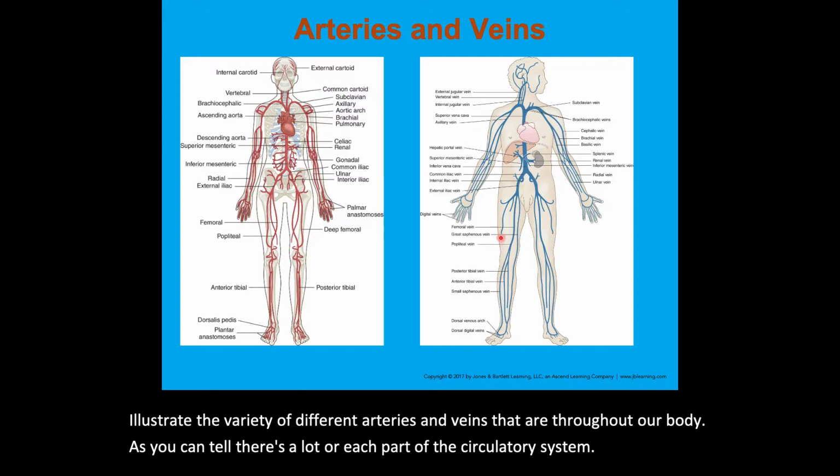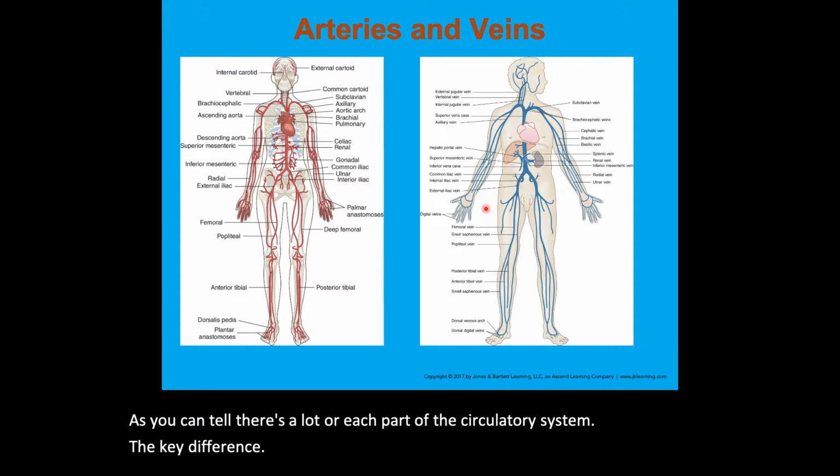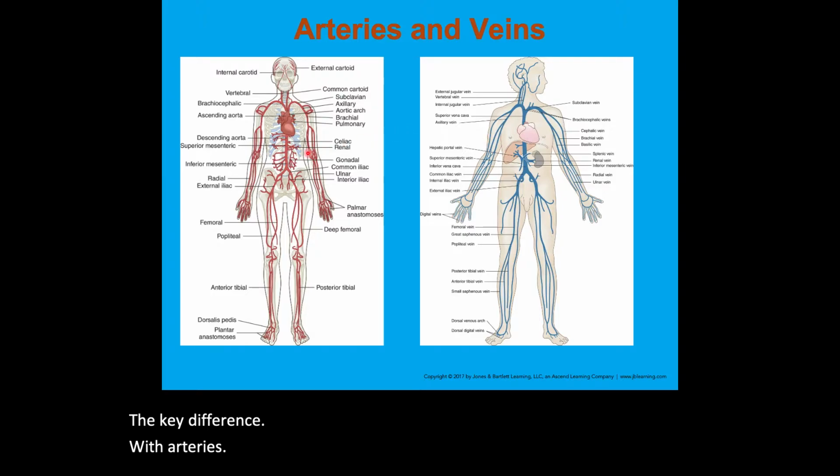The key difference with arteries compared to veins is that they contain a layer of smooth muscle. And this smooth muscle allows for a certain level of adaptability of the cardiovascular system.